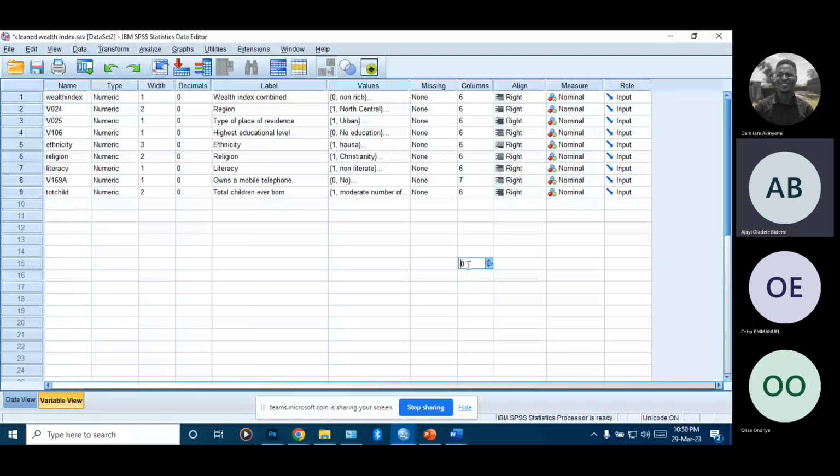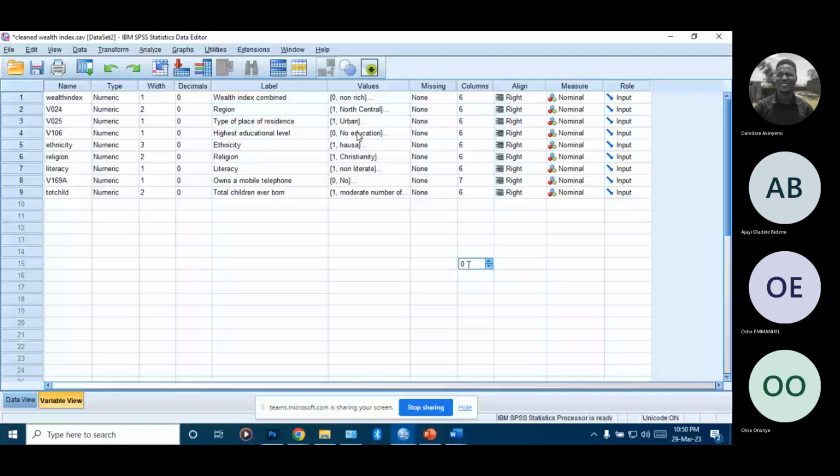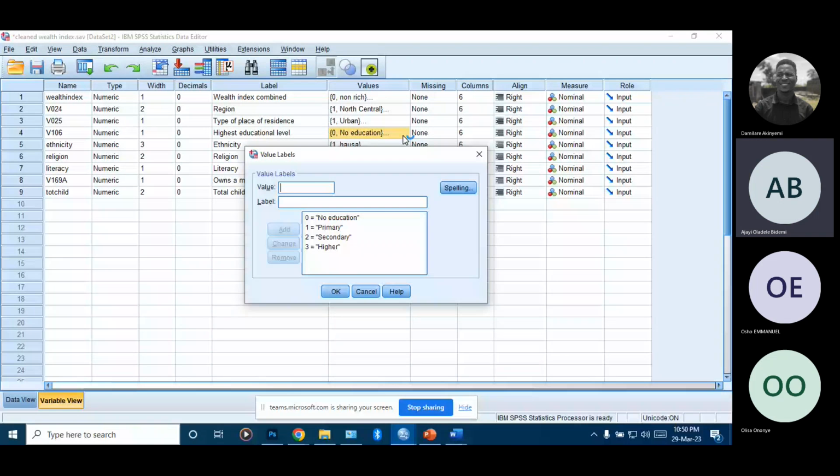You should have a criteria that will enable you to group it into 2 categories. I use educational level as my dependent variable. But we can see that this educational level is not measured on a 1 and 0. It's not measured on a binary response. This is 4 responses.